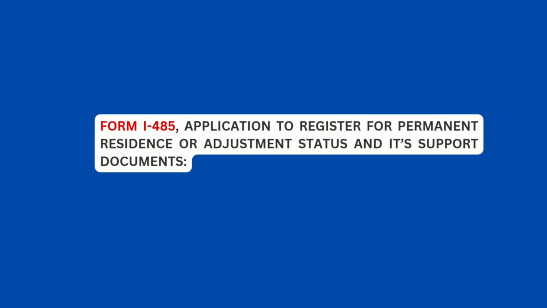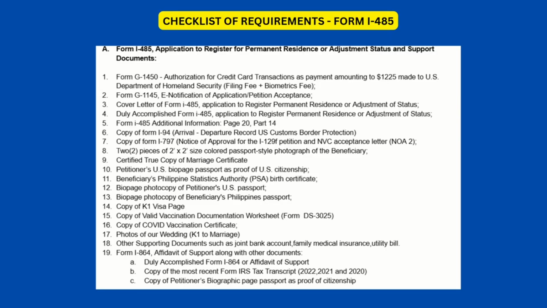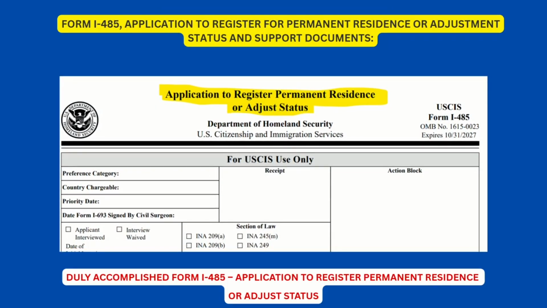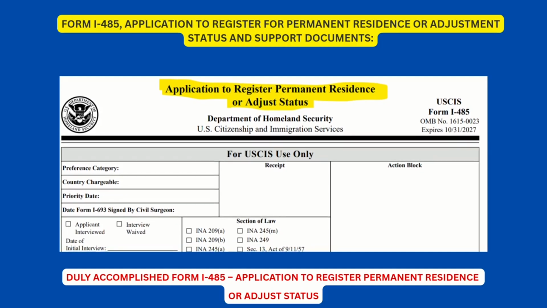Alright, so now let us proceed to the discussion of the Form I-485, the application to register for permanent residence or adjust status, and its supporting documentation. Let us start by discussing the checklist of requirements that we compiled for our Form I-485. Number 1 requirement is a duly accomplished Form I-485.